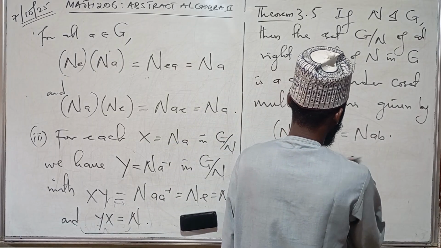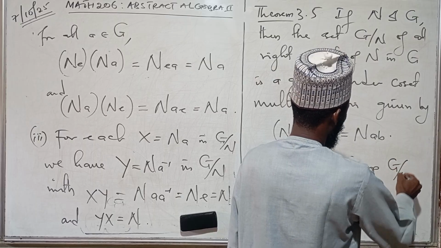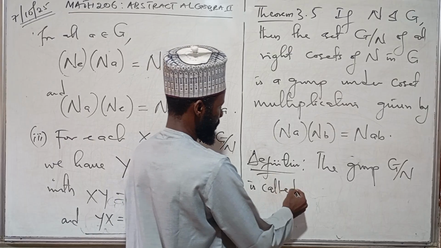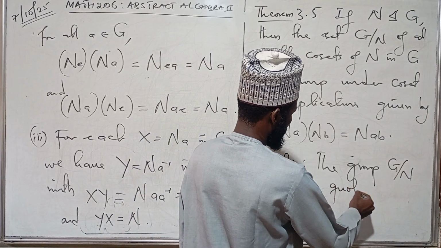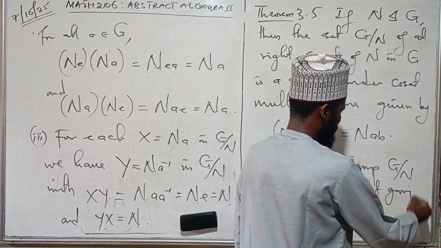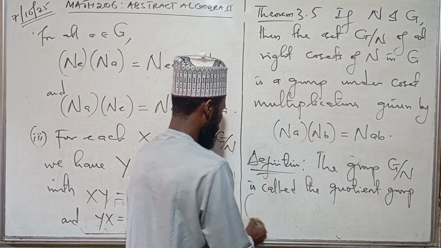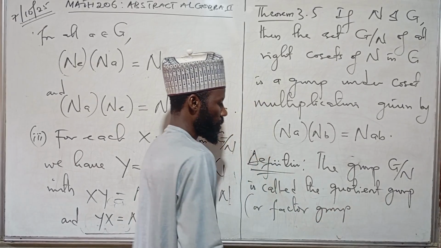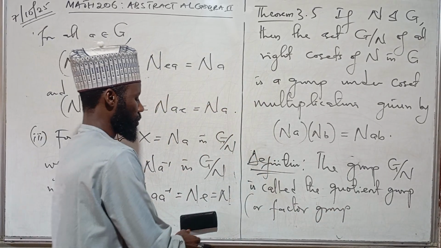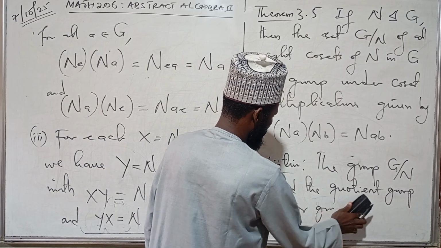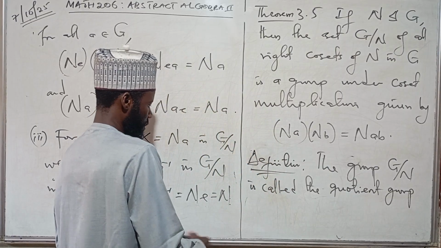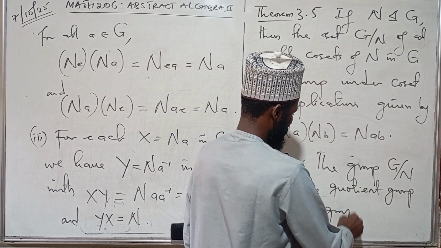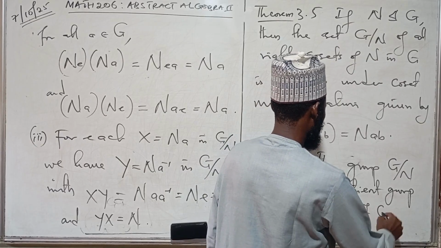The group G by N, defined with respect to coset multiplication, is called the quotient group, or sometimes it is called the factor group, of G by N.